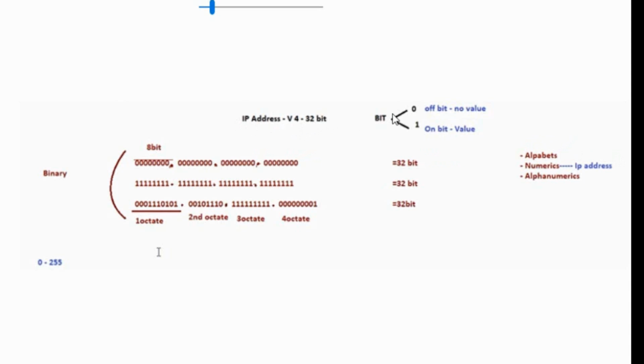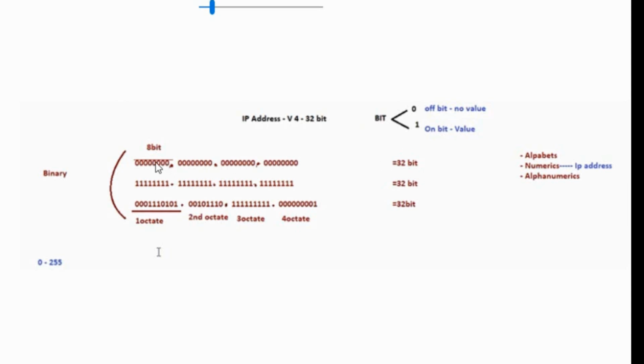So the bit obviously stands for 0 and 1. How does it work? 0 stands for the off bit and 1 stands for the on bit, which has a value. The 1 has a value and the 0 has no value at all. In the binary format, if we divide it into 4 octets, each octet stands for 8 bits, and 4 times 8 comes up to 32 bits.